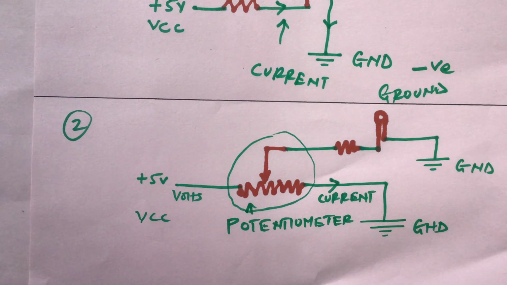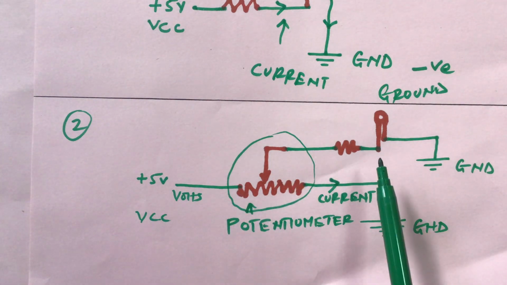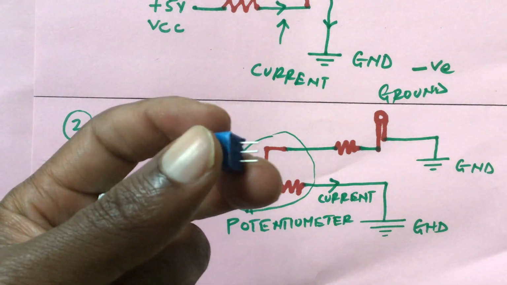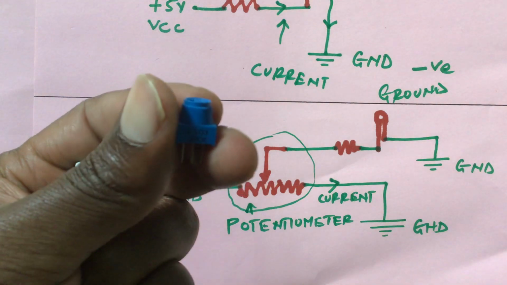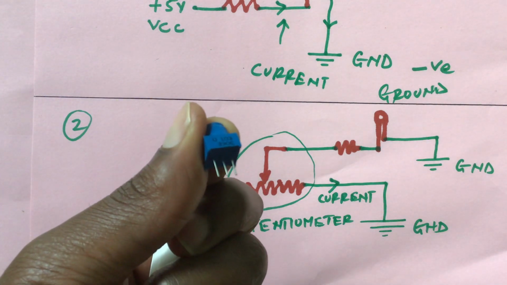And remember, the more current that goes through this, the more power you get at the end, and the more brightness you will get at the end of the LED.